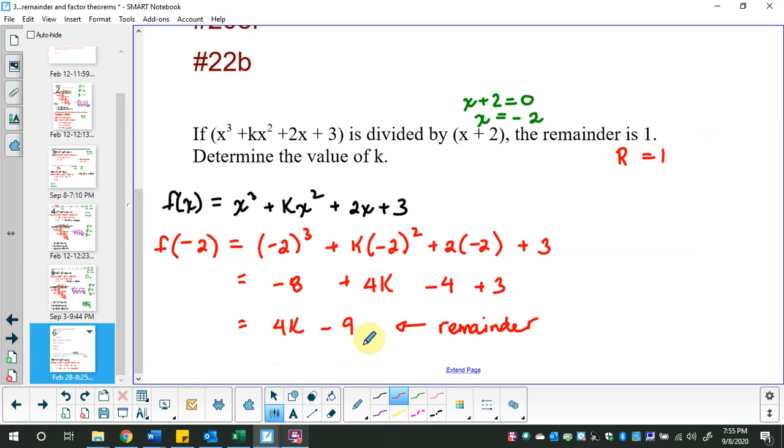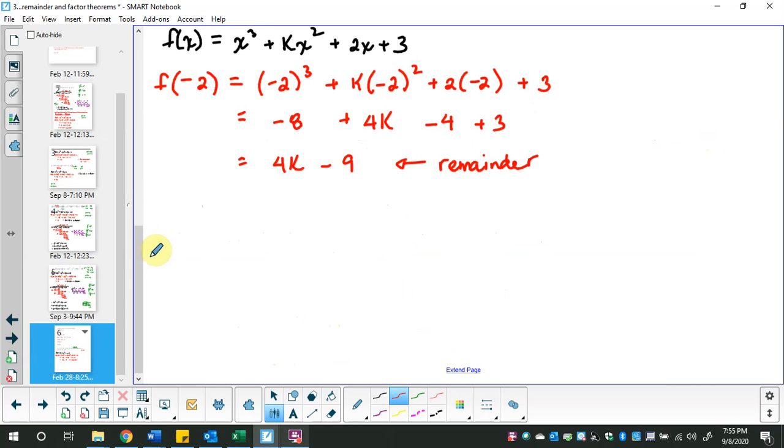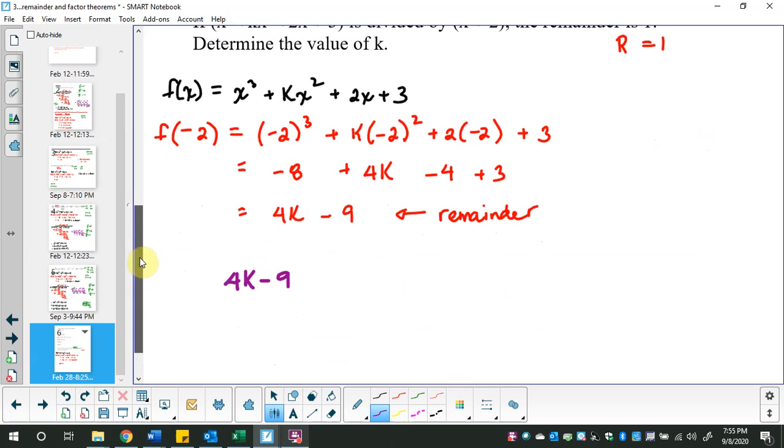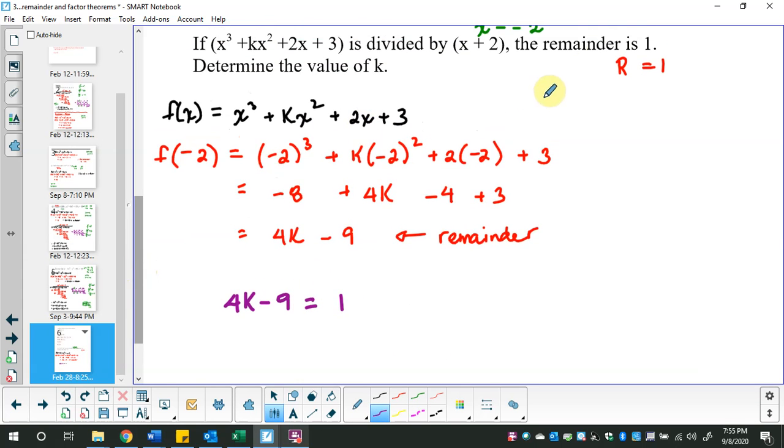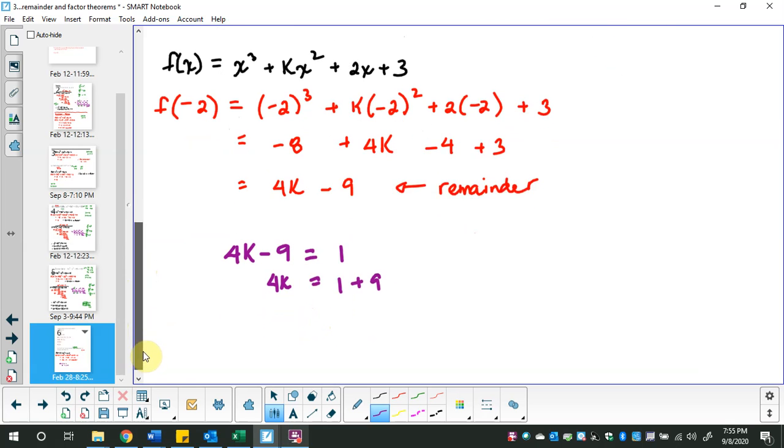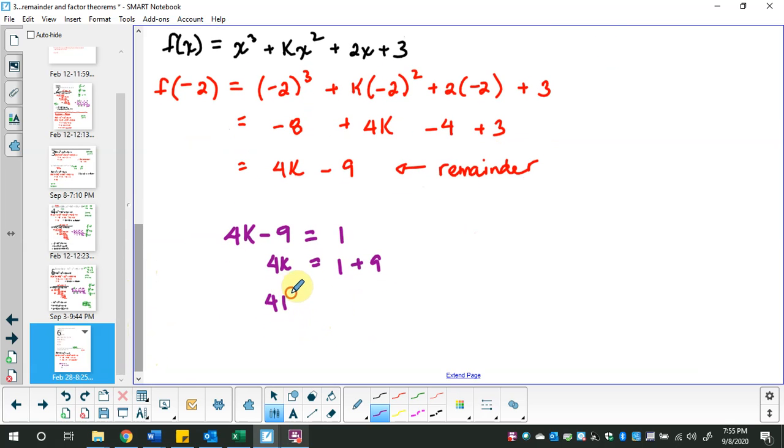So I can take this remainder, my incomplete version, and I can make it equal to the remainder that it's supposed to have. And in that way, I should be able to solve for k, because it's the only letter in an equation.